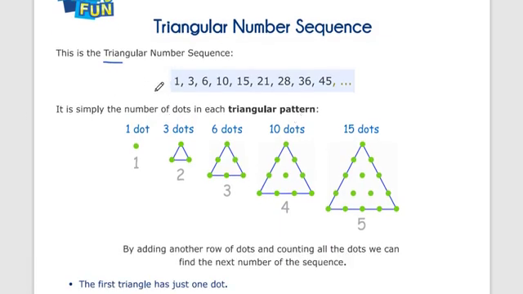The triangular number sequence is 1, 3, 6, 10. What is the pattern in the triangle? This is simply the number of dots in each triangular pattern.